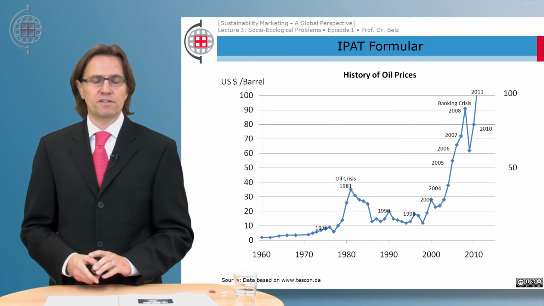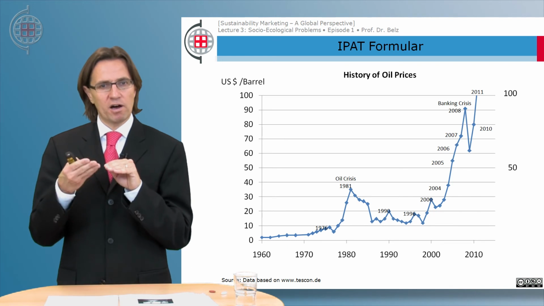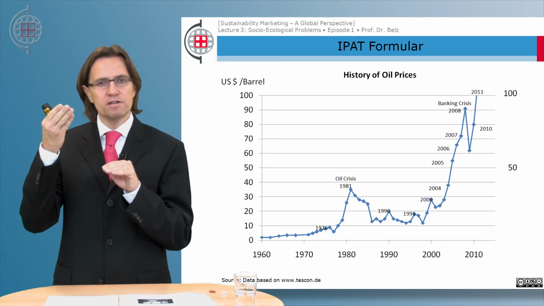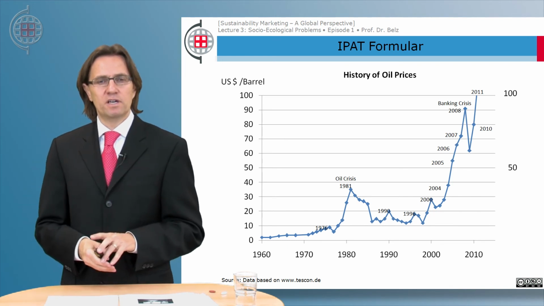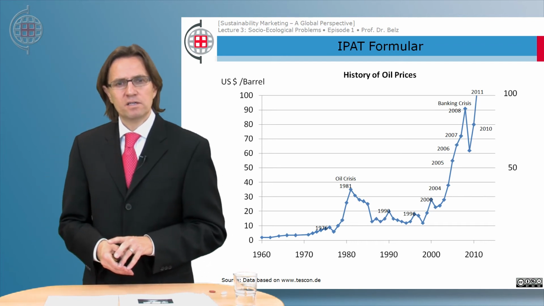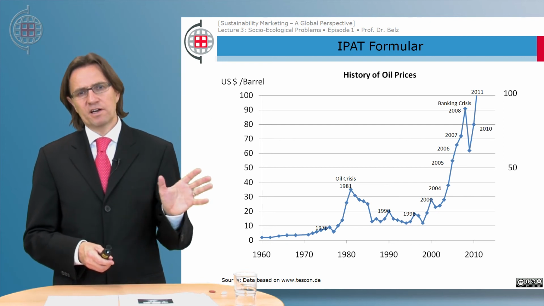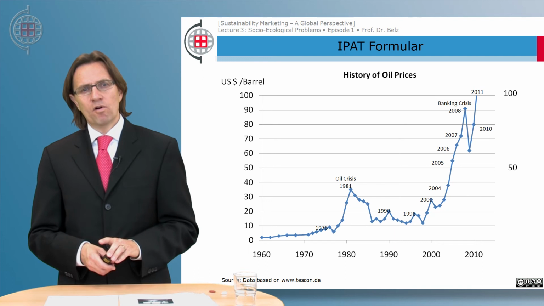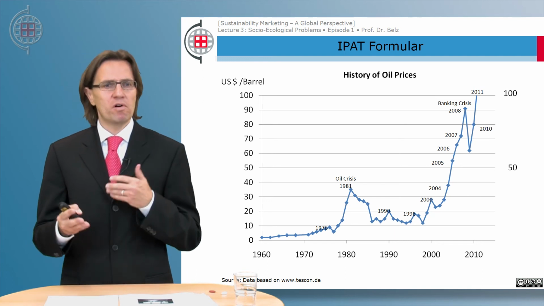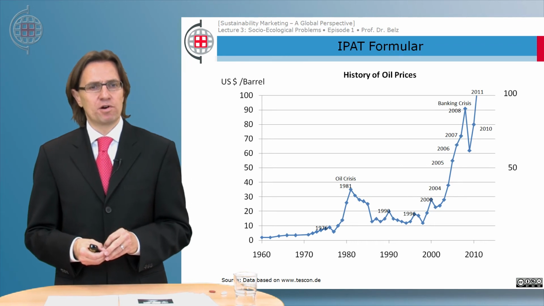And we can already see that due to the limited supply and the increasing demand, we also see increasing prices in oil. Until the turn of the century, the last 50 years, the oil prices were more or less between 10 and 30 US dollars per barrel.